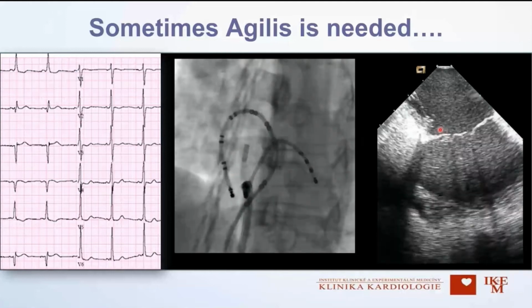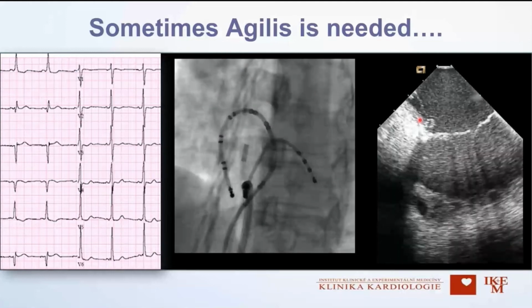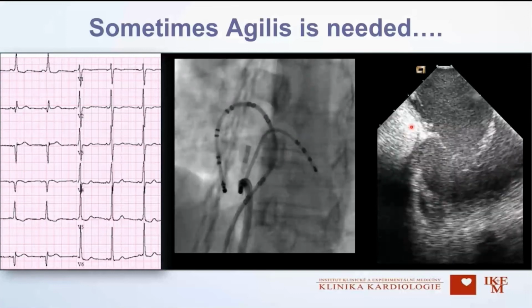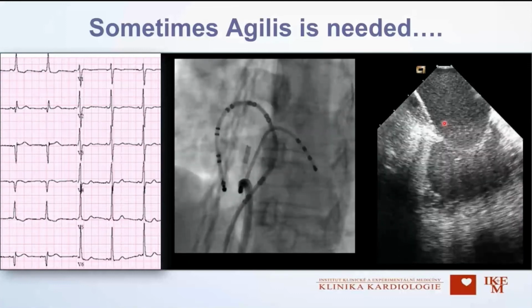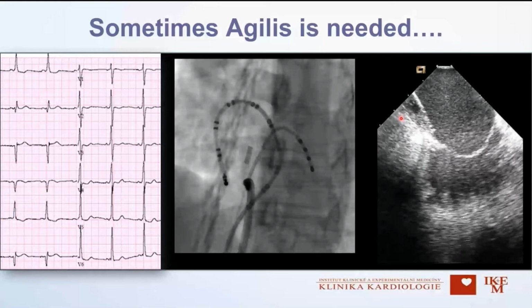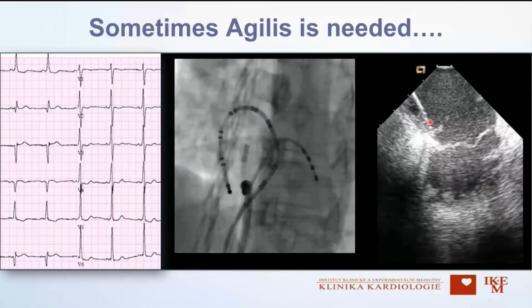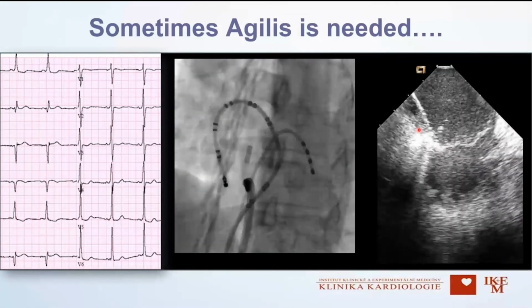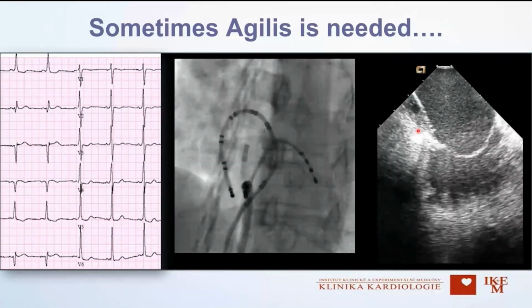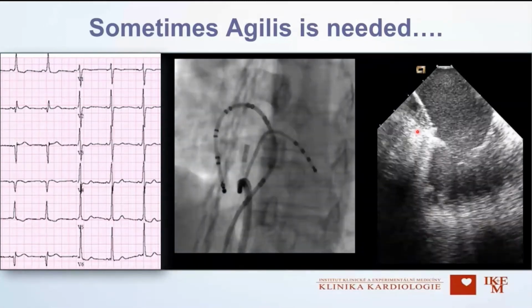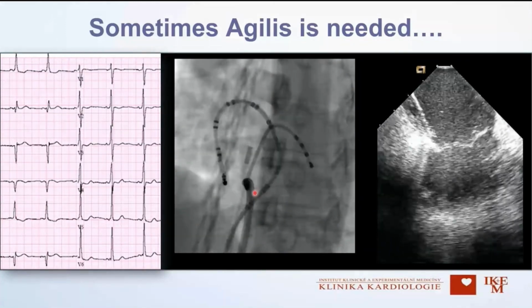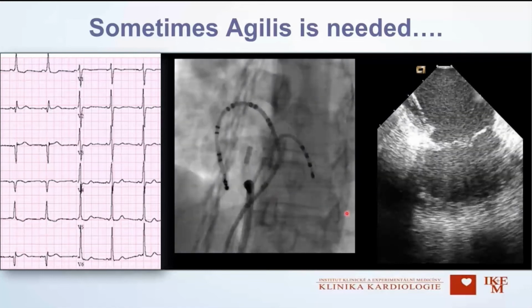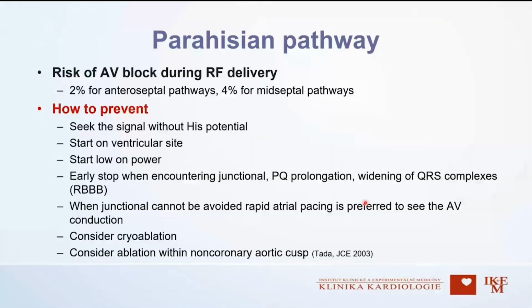We tried, and it was difficult to stabilize the catheter there. At that time they had no echo, no Agilis, but with the use of echo and Agilis, just to compress and pin down the tissue towards the liver, we were finally able to do it, not with that amount of energy, but with the amount of stability that was necessary to really reach the complete block.